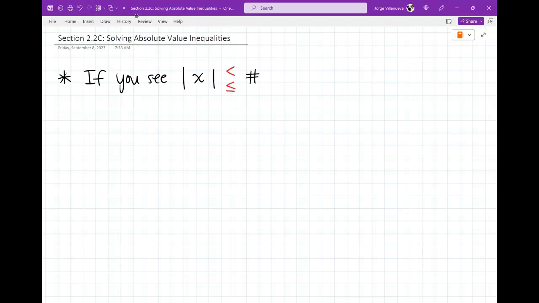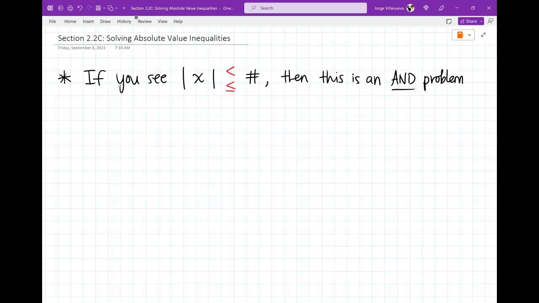In other words, I always tell my students, if the arrows are pointing at the absolute value, once you've solved for the absolute value, okay, so if this is the case, then this is an AND problem. So if the inequalities are pointing at the absolute value, then we say it's an AND problem. If they're pointing away, it's an OR problem.